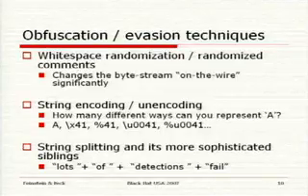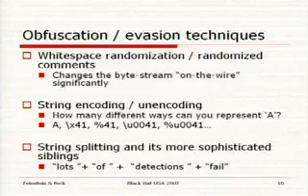Another very simple technique is string splitting. As you've seen here, if you have a string that you need in your script, it could be some XML object that you're trying to instantiate. Well, you don't necessarily want to put that string directly into your script, because there may be security devices inline that are looking for the instantiation of some XML class or a particular exploit code.